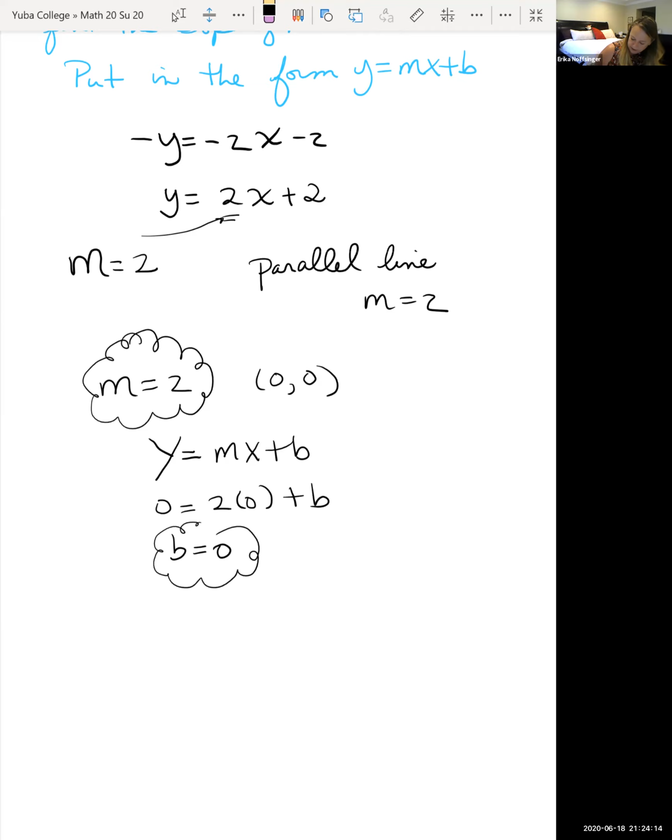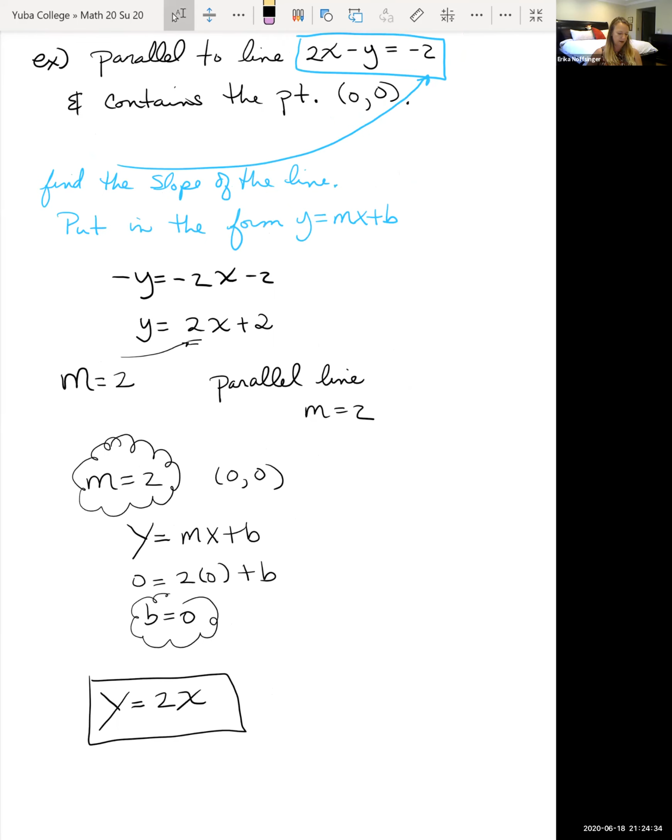The equation of the line is y equals our slope 2 times x plus b, and plus 0 is 0. So we have the equation of a line parallel to a line going through a particular point. I don't want to spend too much more time on this unless you guys are struggling.